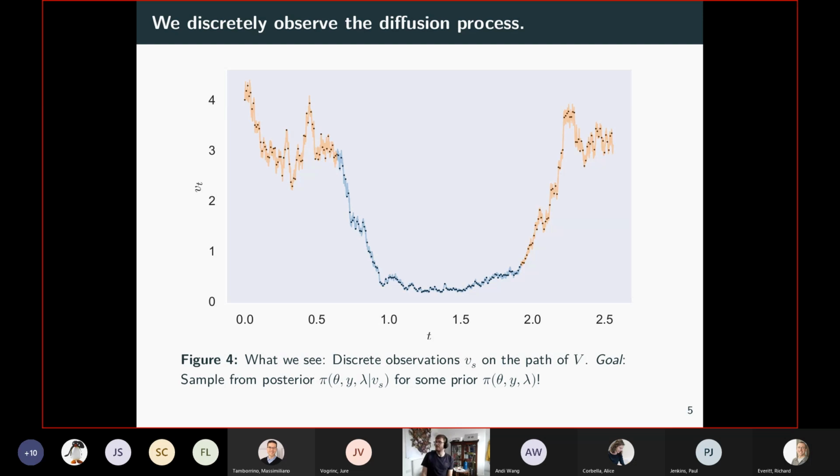In that figure, you can think of the black dots being what you're given, what we see, and given that, we want to find everything else. We're going to be in the Bayesian paradigm here, and we want to sample from the posterior of the diffusion parameters, the hidden Markov model, and the generator, given those observations of the diffusion that we see.